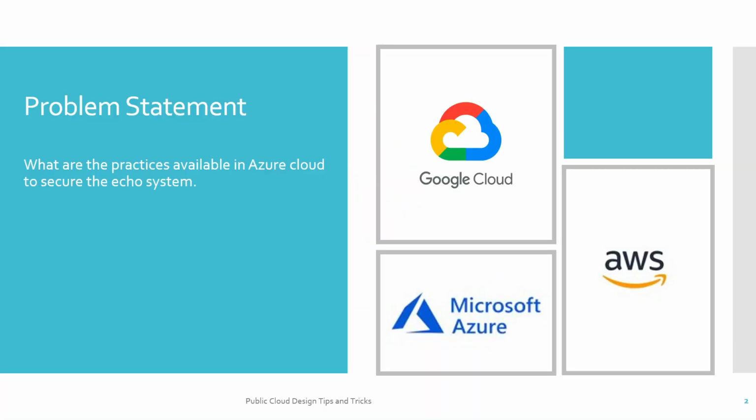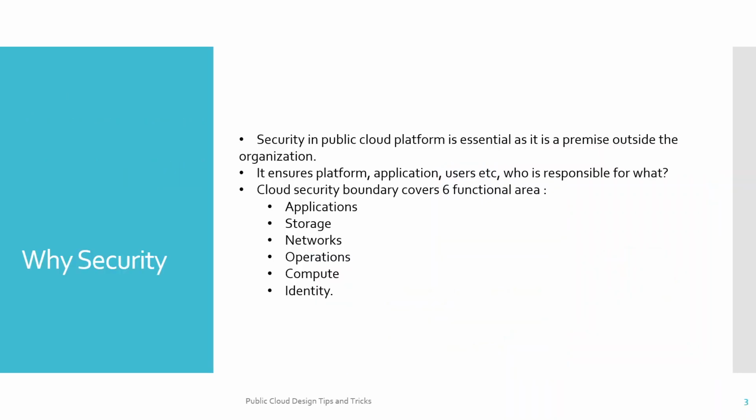Again, the problem statement is what are the practices available in Azure Cloud to secure the ecosystem? And as a part of all these building blocks, today I will be covering the network part, and this will be a very small session, so I'll be just covering 4 or 5 aspects of network security within Azure.